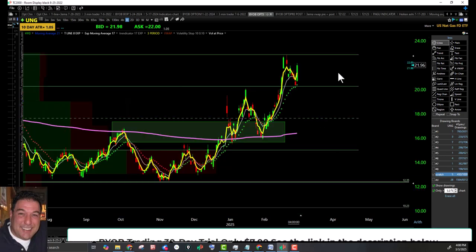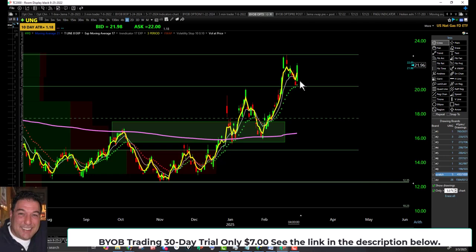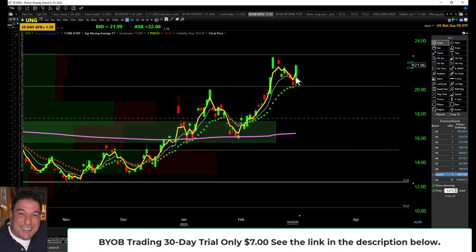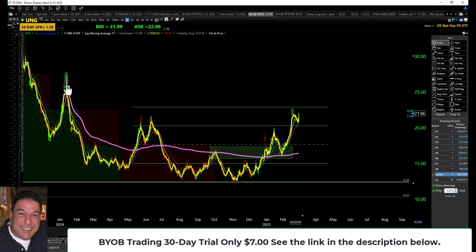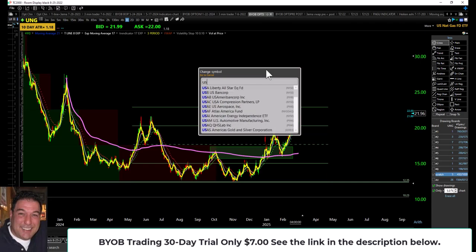XLE, UNG got a nice candle, higher low, higher high, closing over bullish trap over the rising 17 up in quadrant 4. That's bullish over this 12-month high anchored VWAP. UNG bullish.